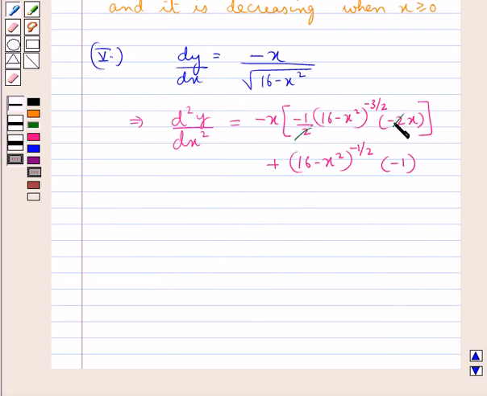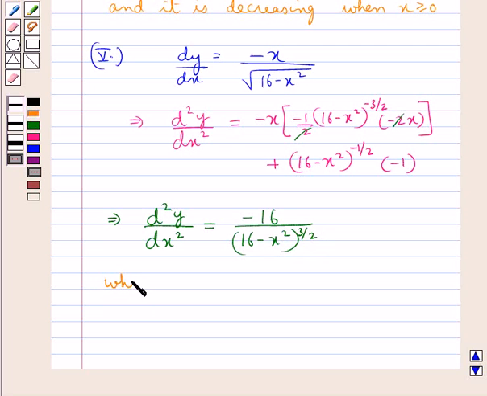So, this would further give us d2y by dx2 as minus 16 upon 16 minus x square to the power of 3 by 2.